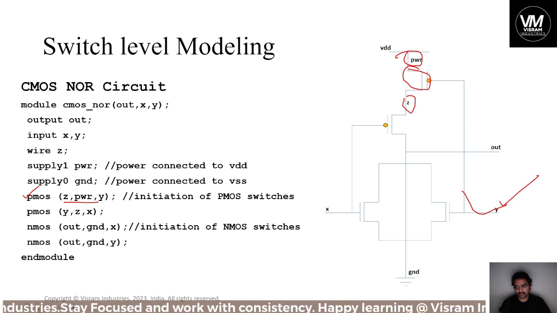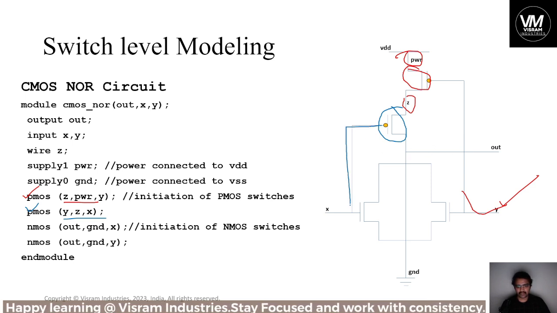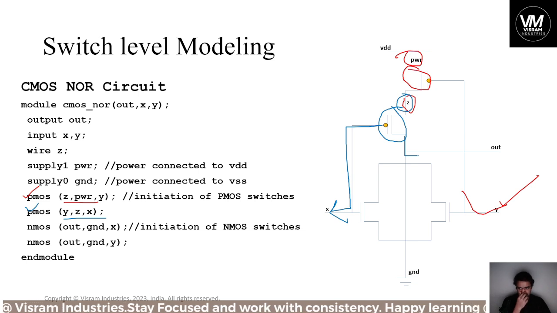Okay, now let us consider the next PMOS. It is connected with y, z, x. So how is it connected? Next PMOS is connected in this way, like x connected, z connected, and y connected.